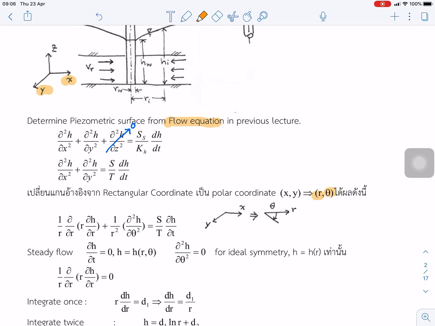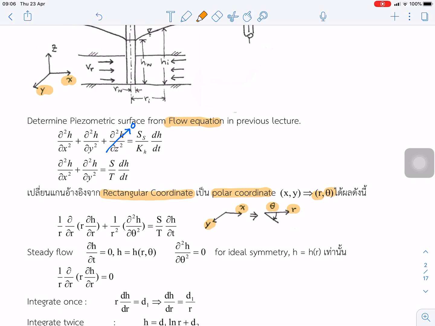So we can convert to make it convenient for the Laplace equation. We convert from rectangular coordinates to polar coordinates, from xy to r and theta, because the water flows to the center of the well.